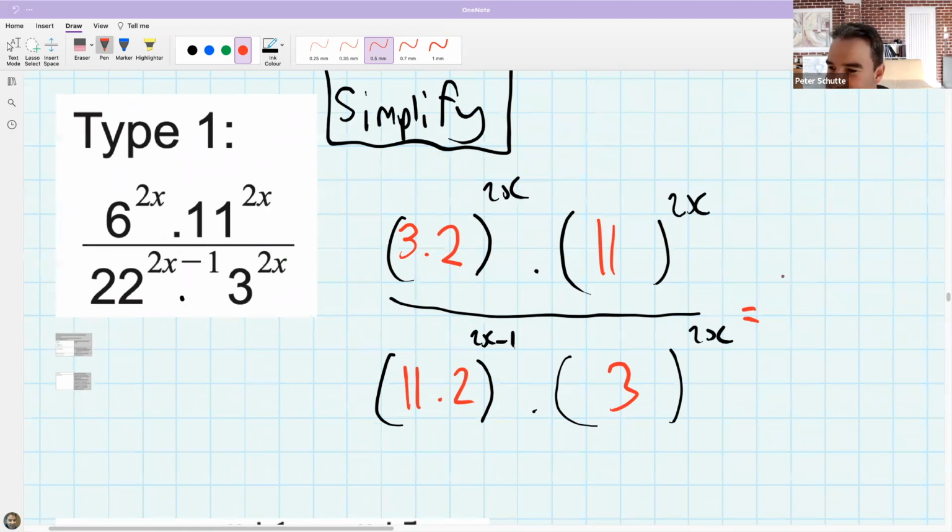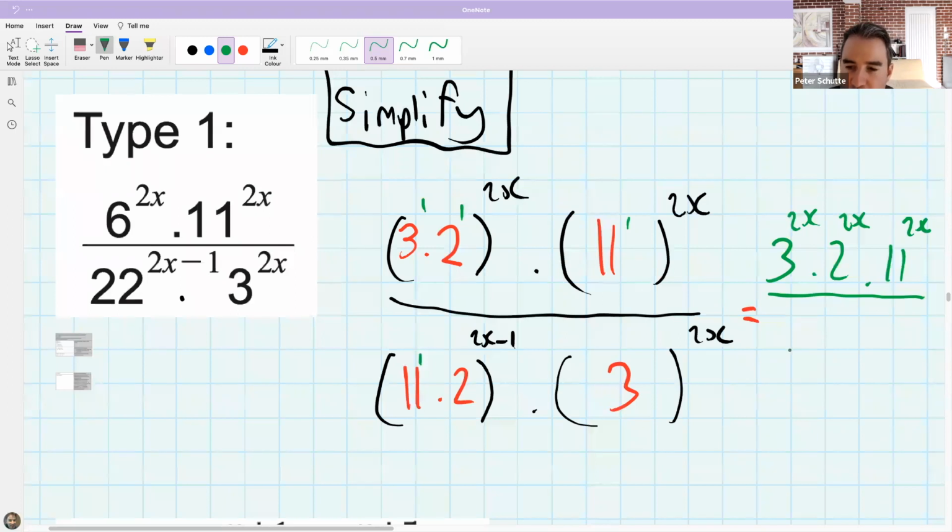Deborah, yeah, you can unmute there. Don't you distribute the 2x in the bracket for 3 times 2? Yep, exactly what you do. You distribute it, and so you get 3 to the 2x times 2 to the 2x, and you get 11 to the 2x.